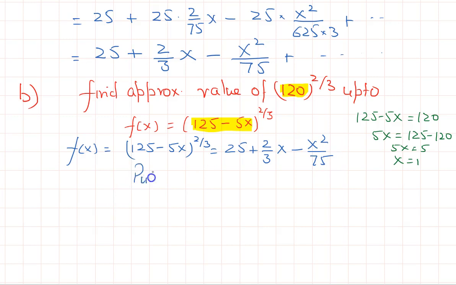So put x is equal to 1. So this will become 120 to the power 2 over 3. It will be 25 plus, x is 1, so it will be 2 over 3, minus, x is 1, so it will be 1 over 75.